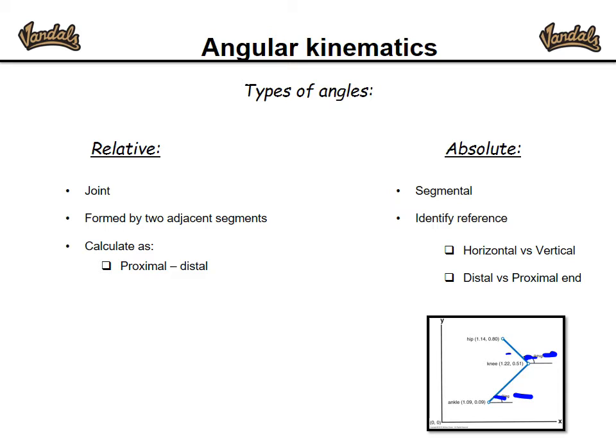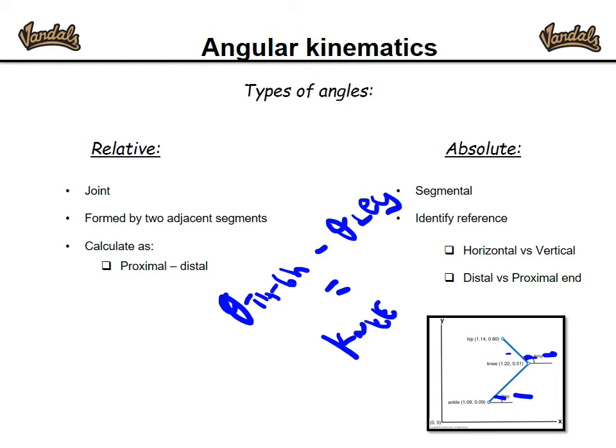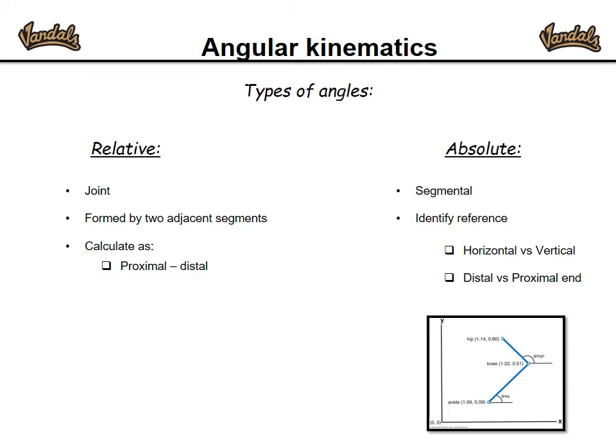So if I calculated the angle of the thigh minus the angle of the leg, that would give me the knee angle, because the angle that's in the middle is a calculation of the proximal minus the distal segment or absolute angle. So that's how we calculate the joint angle.